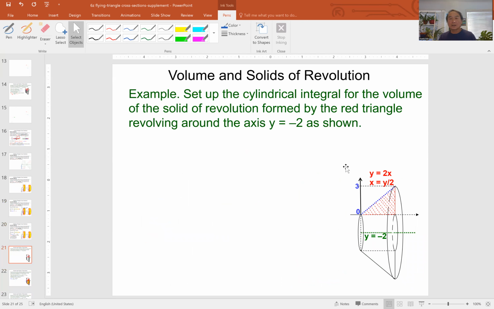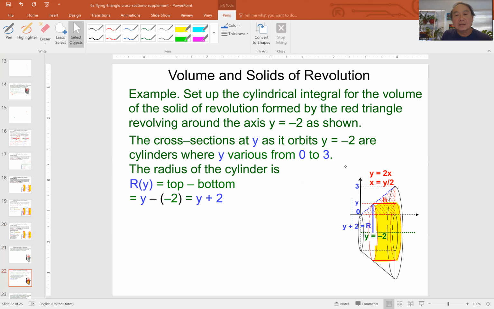For instance, in this case, use the cylindrical method to set up this integral. First, I get cylinders: take y equal to a constant and follow it as it revolves around y equal to minus 2. Of course, it then forms a cylinder. To calculate the surface area of the cylinder, first I have to figure out the radius. The radius is from y to y minus 2.